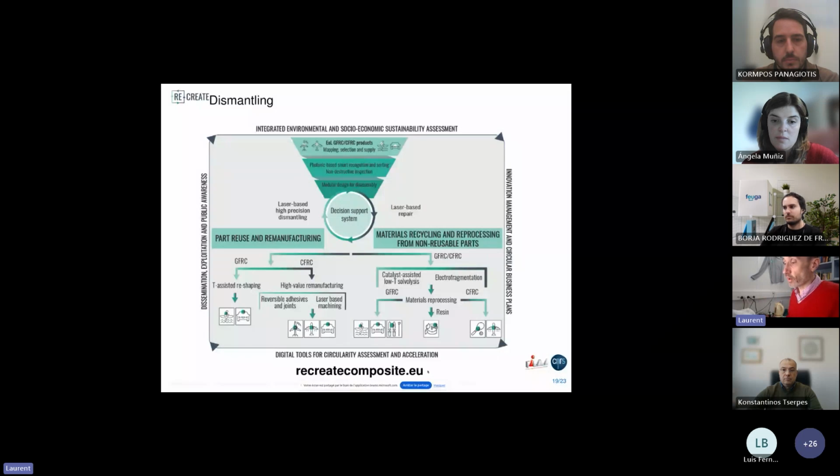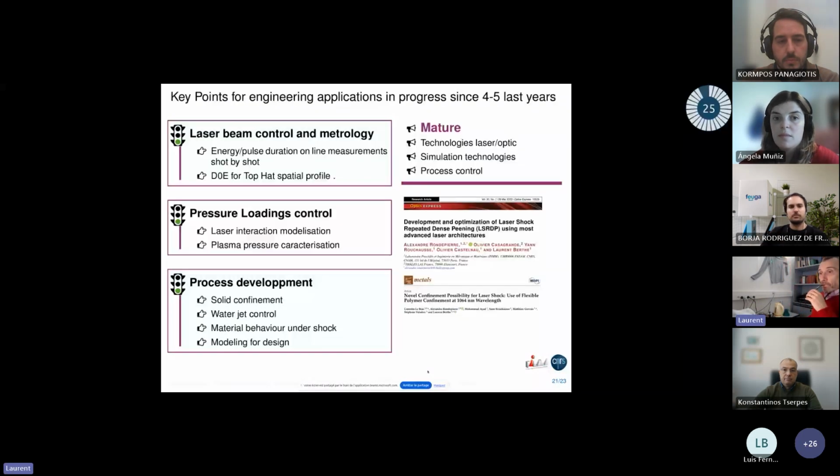Another aspect is that we need to have no water confinement. We have developed over the last years new materials, composite polymer materials, for the confinement. So this is the point for engineering applications.